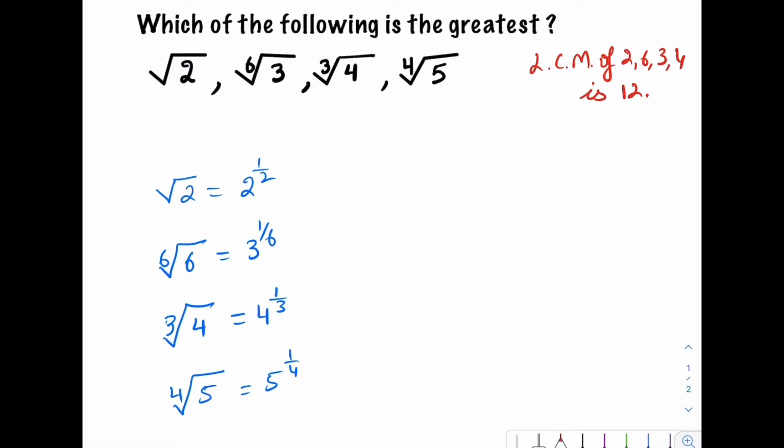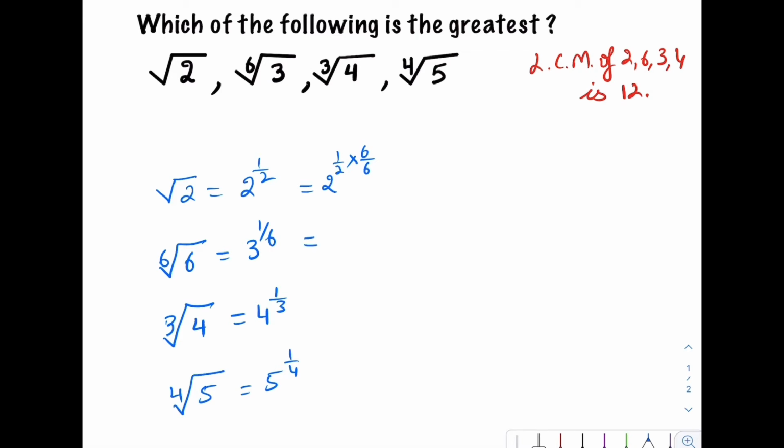So we can do one thing: 2 raised to the power 1 by 2, we multiply and divide by 6. So we have 2 raised to the power 6 by 12. Means in the power denominator we have 12.